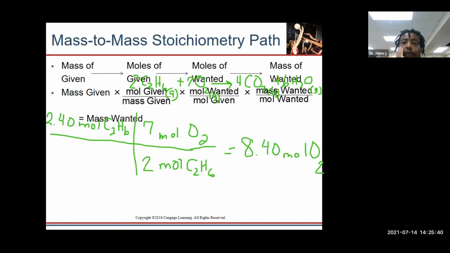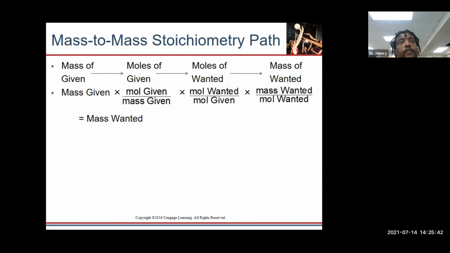Okay, good. So if I'm given my mass, I know that if I'm going to use my chemical equation to figure out something that is being produced or something that I need to react with, I always have to change it to moles. So if given mass, I need to convert to moles, and then I can use my mole to mole ratio to get the moles of what I want.